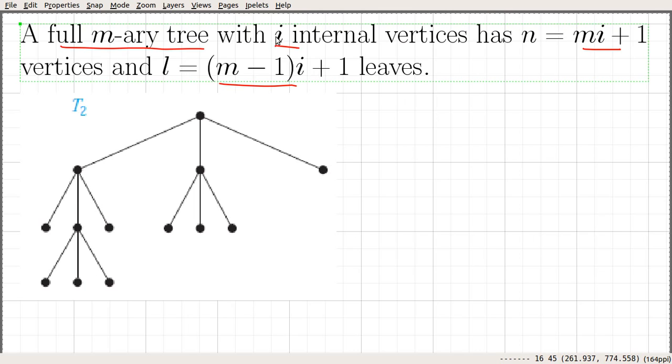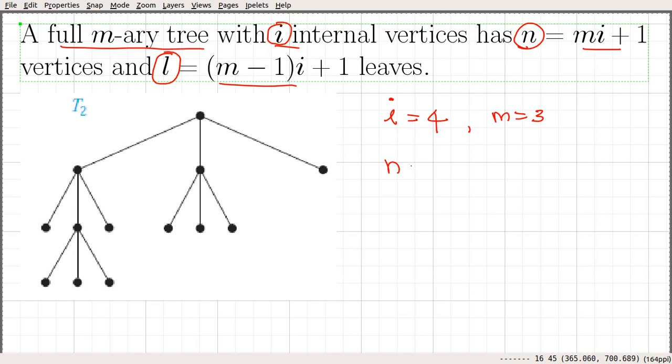The important thing about this statement is that if you are given the number of internal vertices in a full m-ary tree, then we can find the total number of vertices and the number of leaves in that tree. Let's look at this example. Here the total number of internal vertices is 1, 2, 3, 4. Again it's a full 3-ary tree, so m is equal to 3 here.